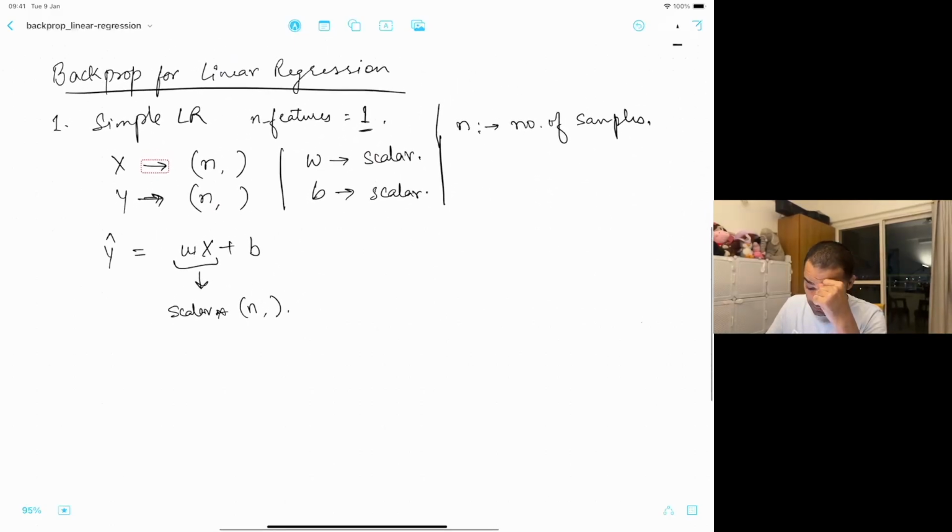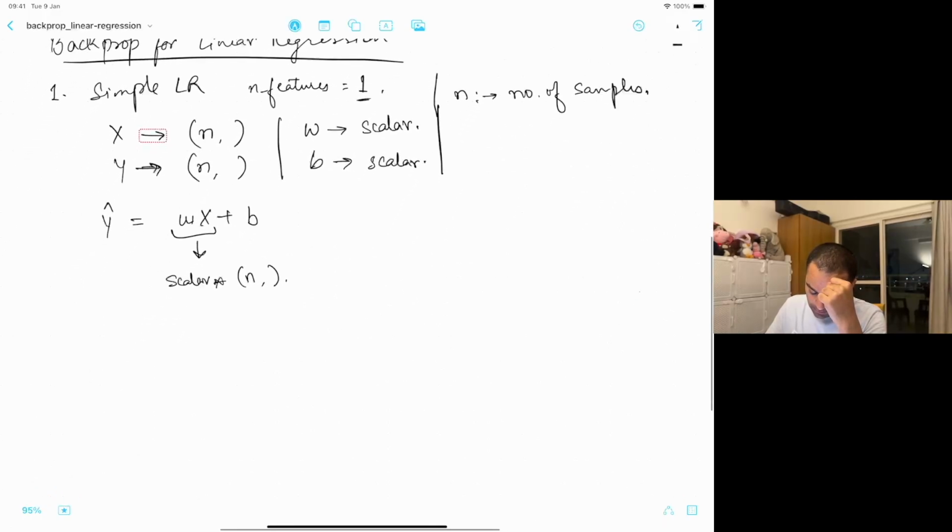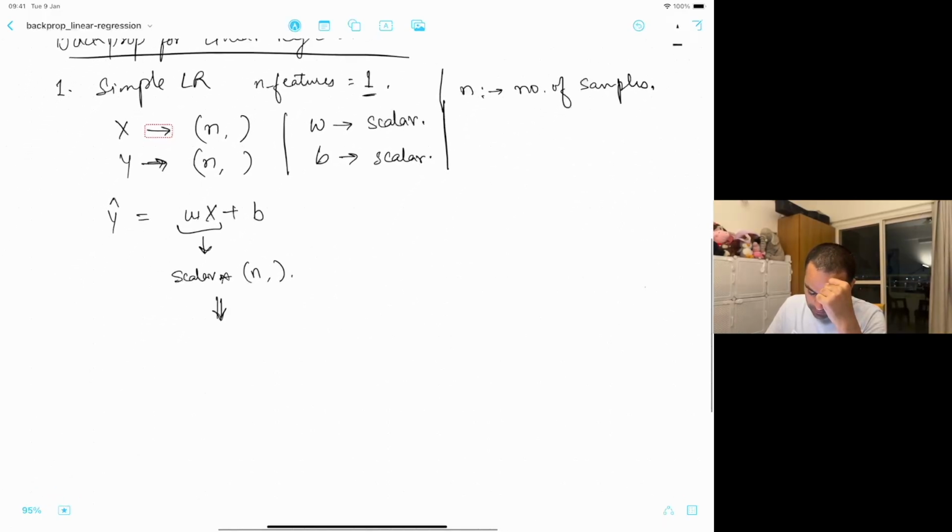When these two multiply, they will result in broadcasting. So this scalar number will multiply with each of these, so it becomes a vector of length n, plus a scalar, b.